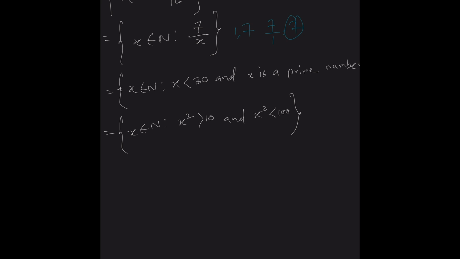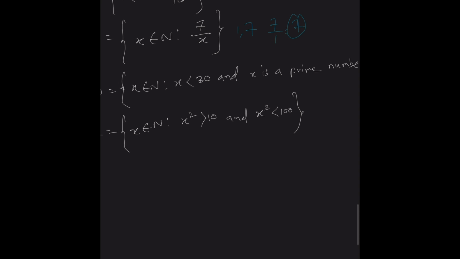Now, say we are asked that there are two sets named A and B, and they are the sets of all the factors of 108 and 87.